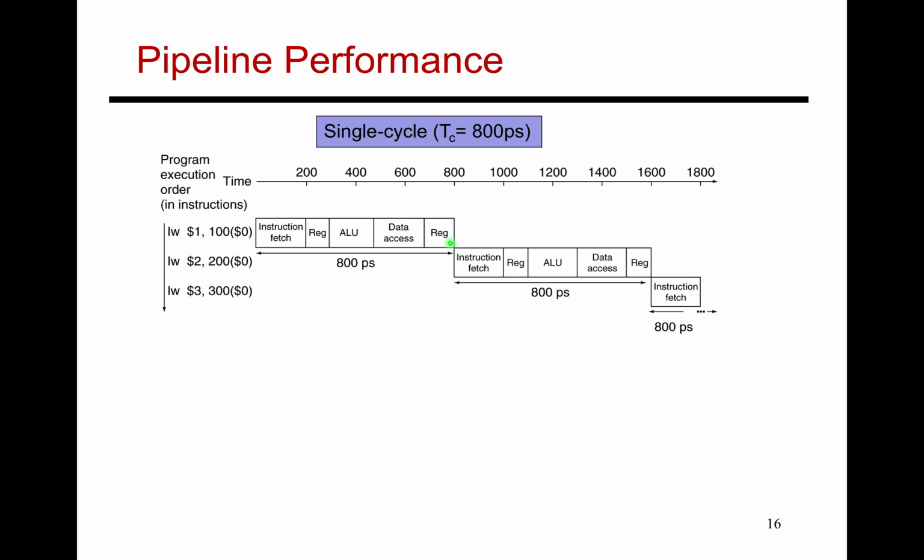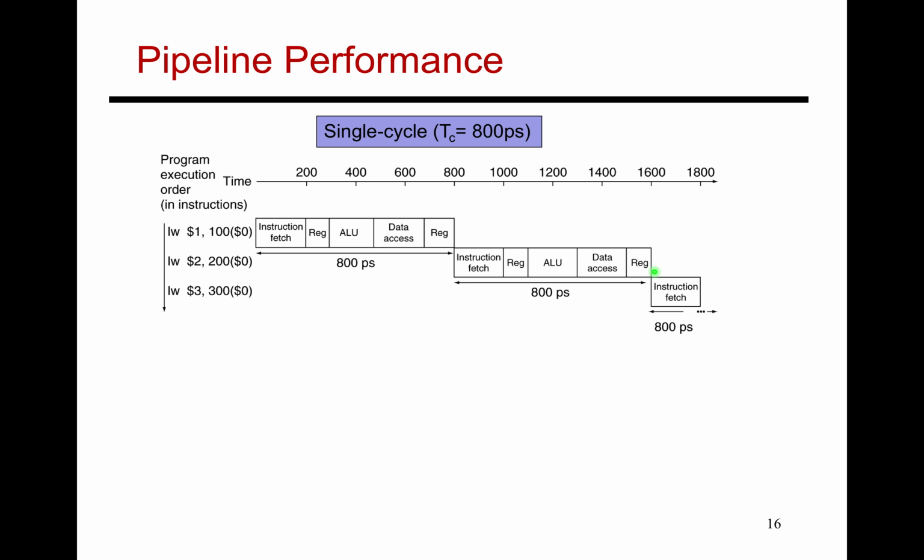So the first instruction completes, then the next instruction begins. But notice that even if, for example, this is an add instruction and you don't use the data access part, since we don't have any data access for memory, it still takes 800 picoseconds to complete that add operation.